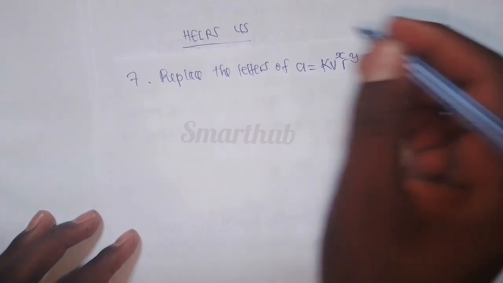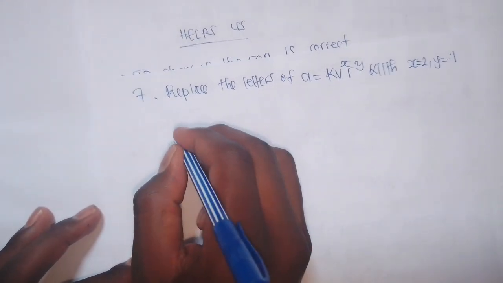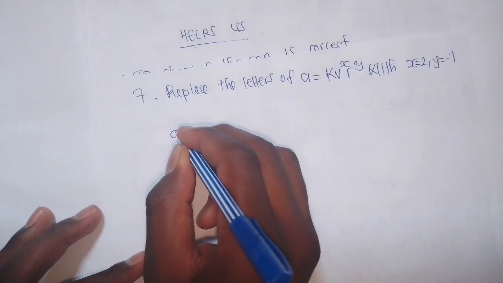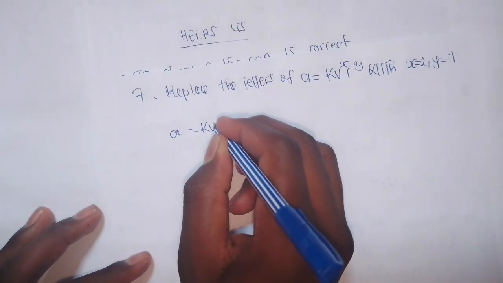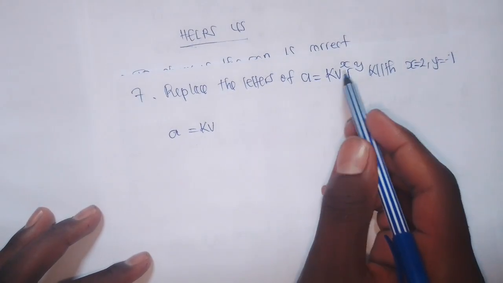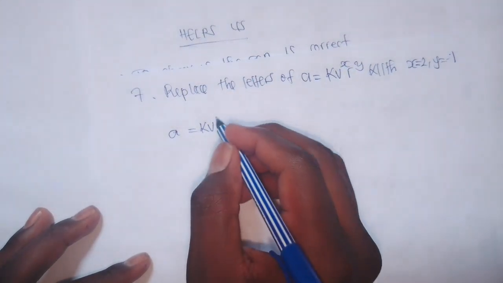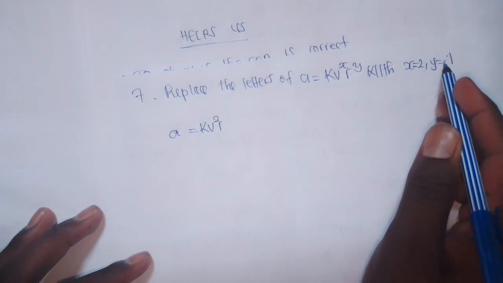Okay, so we are going to have acceleration is equal to constant v to the power x is equal to 2, so we replace with 2, then r to the power negative 1.